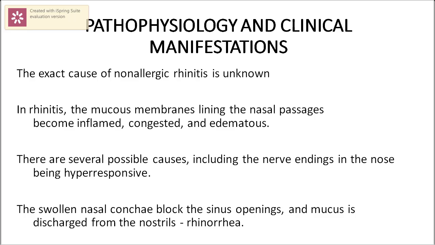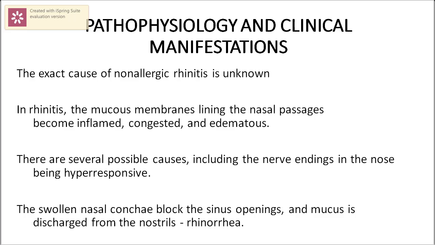So how does rhinitis occur, what organs does it affect, and what are the clinical manifestations of rhinitis? Basically, the exact cause of non-allergic rhinitis is unknown, according to literature.